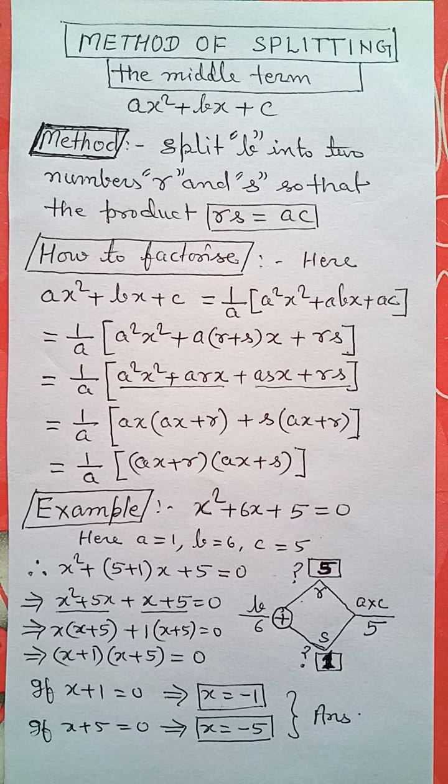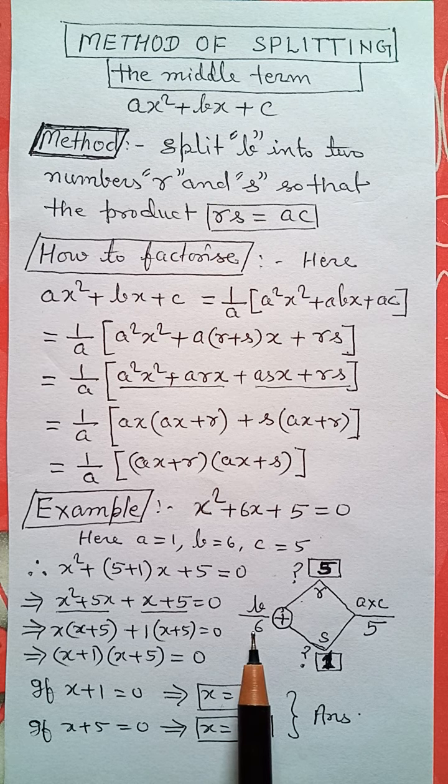Let us take an example. 3 plus 3 is 6. But 3 multiplied by 3 is not going to be 5. Therefore, splitting 6 into 3 and 3 is not going to work out.